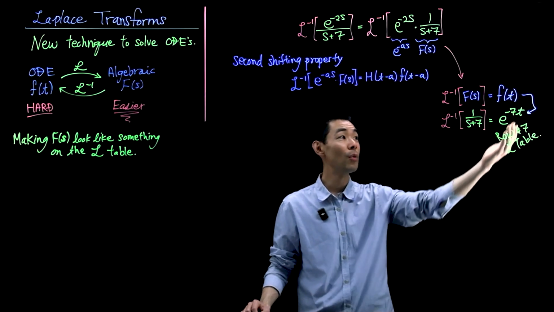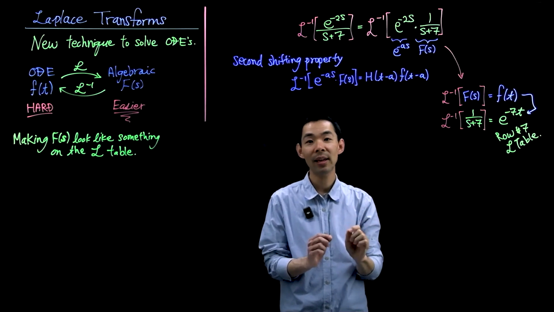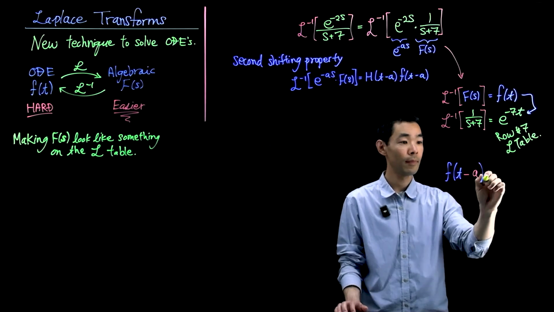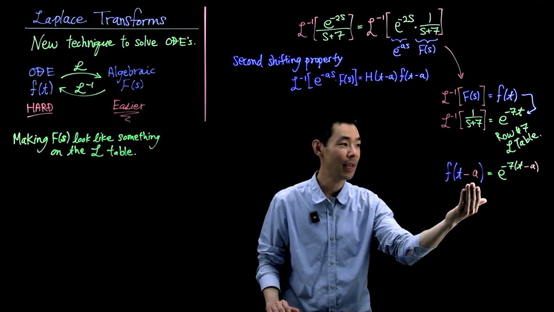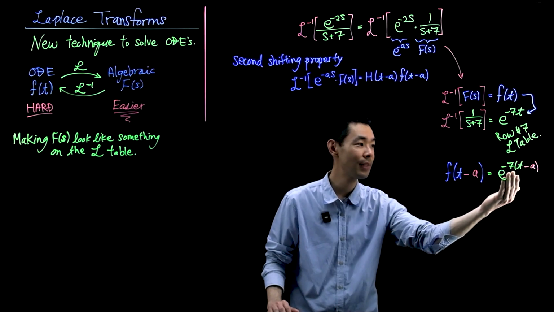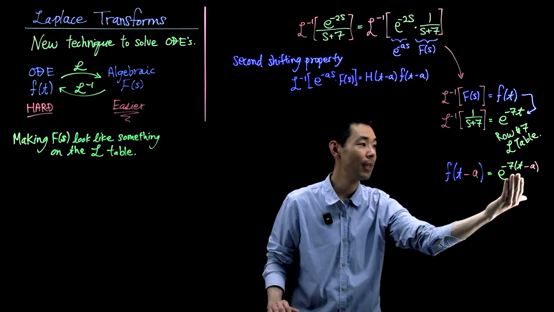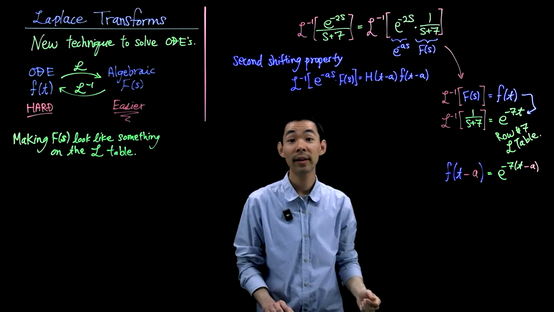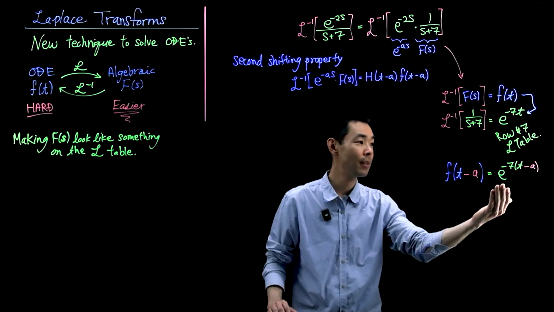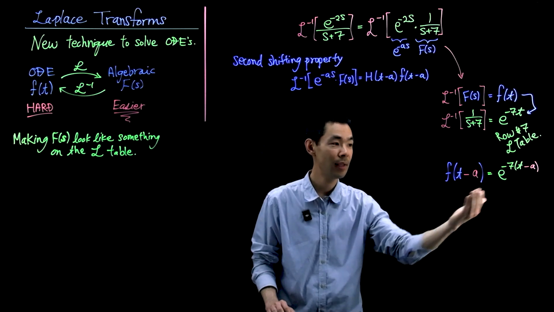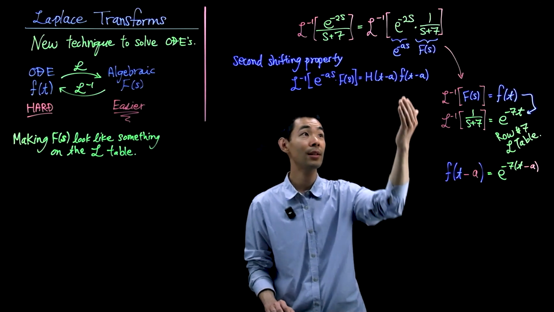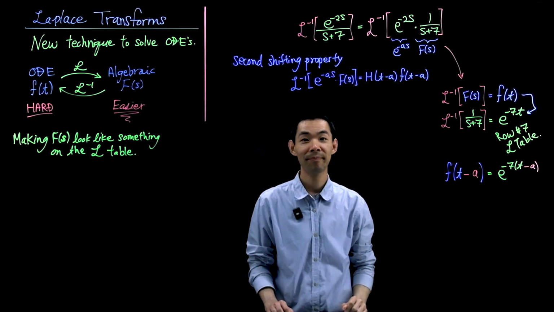So we need to evaluate f not at time t, but at time t minus a. Just like that. So I now have f of t minus a is simply equal to e to the -7t, but I'm going to plug in t minus a for t. And so it just becomes e to the -7 times t minus a. And this is the function that needs to go into our second shifting theorem.